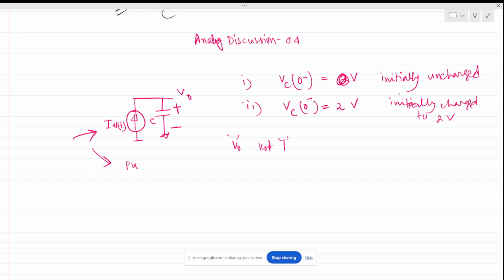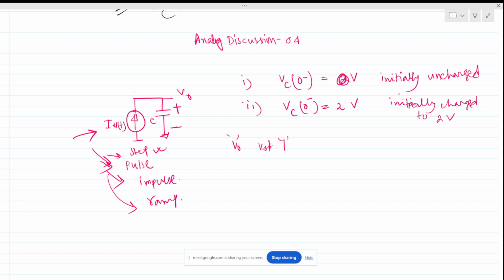So two cases: one case is step, another case is pulse, and another will be impulse. Three cases. Okay, make it four cases, and another will be ramp. So the first case is step.